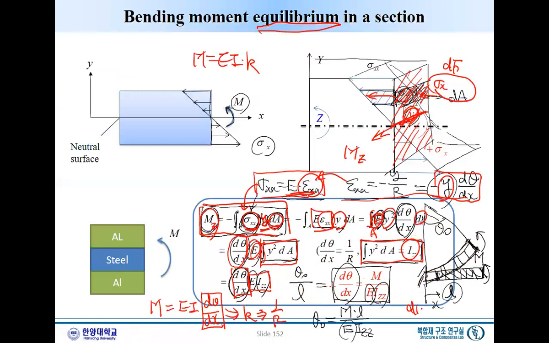See, d theta dx in terms of length, here from here to there is a length L. So d theta dx is uniform. So we can say it is angle divided by L, and the final angle is theta 0. So theta 0 divided by L will be simply d theta dx.